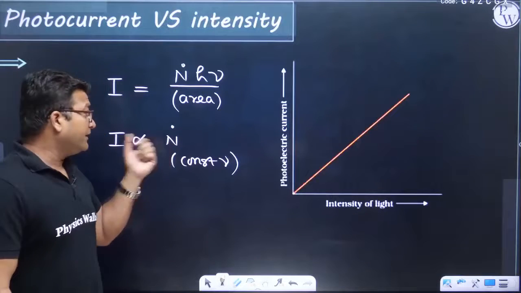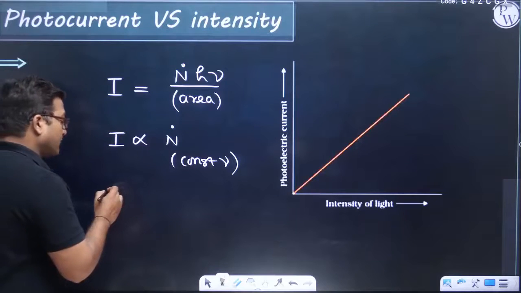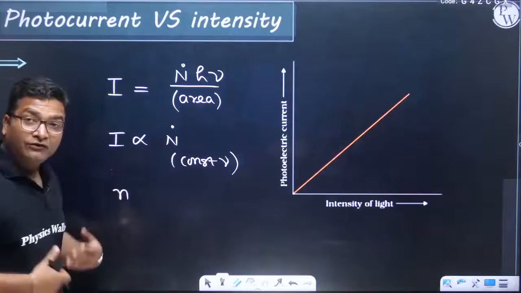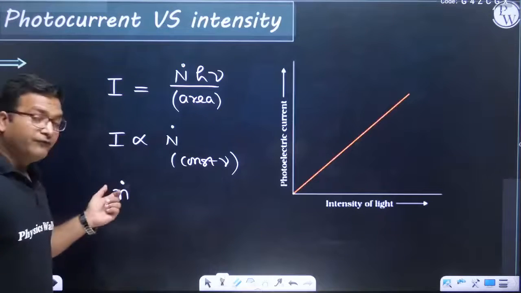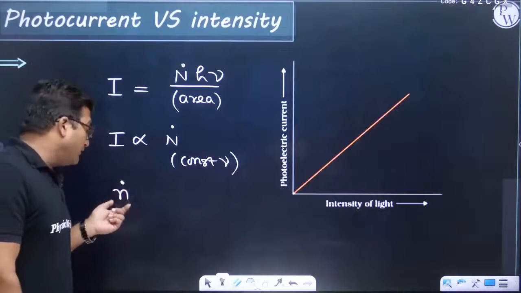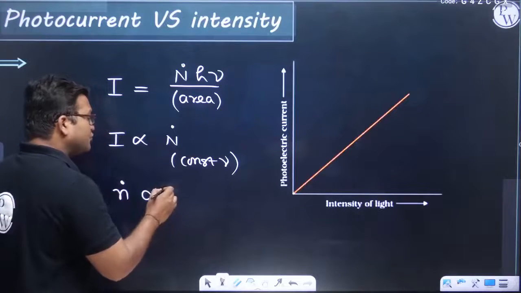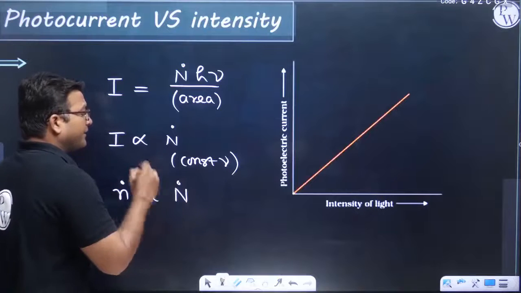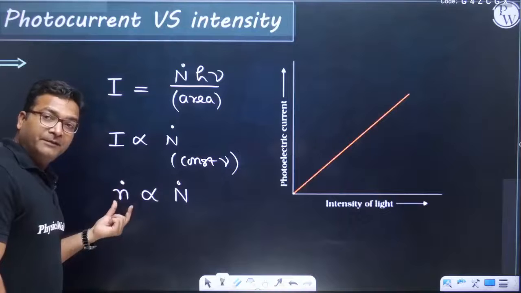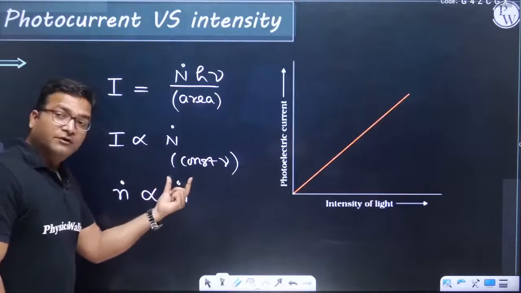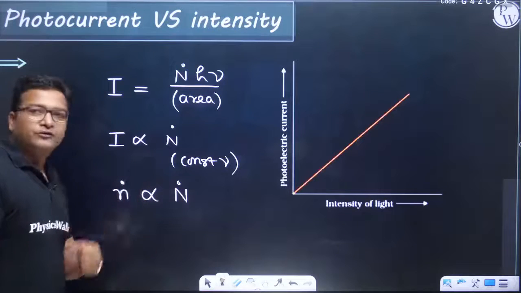Okay, so we increase N dot, and the number of photoelectrons coming out of the metal surface per second, n dot, is experimentally seen to be proportional to capital N dot. Remember, these are the number of photoelectrons emitted per second. These are the number of photons incident per second. So we see these two are proportional to each other.